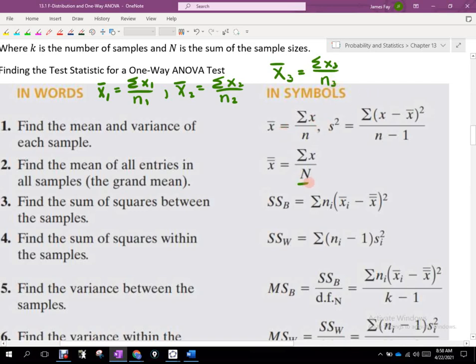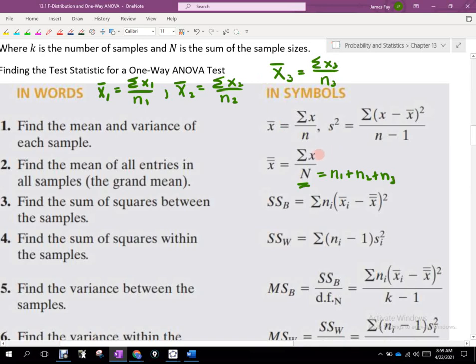When I get down to this N, that N is equivalent to N1 plus N2 plus N3. It's adding up all the objects that were in N1, all the objects in N2, and all the objects in N3. Does that make sense?